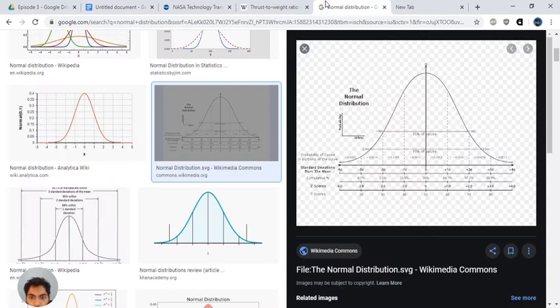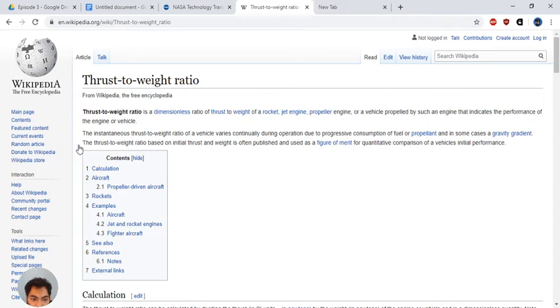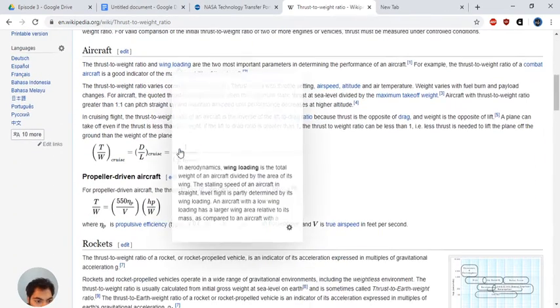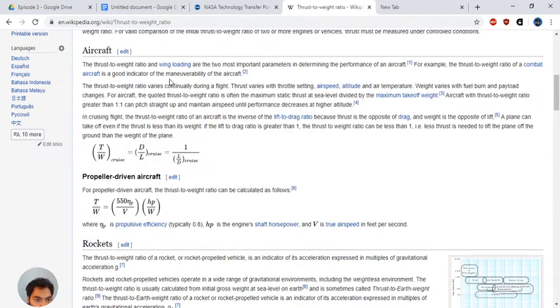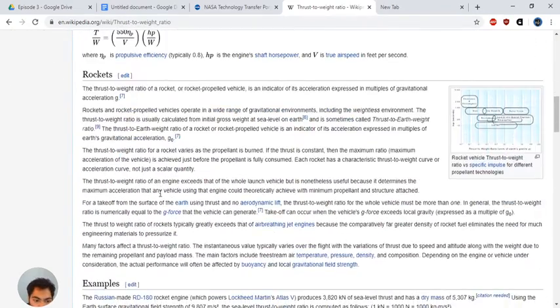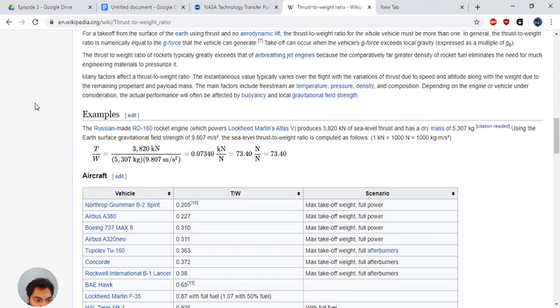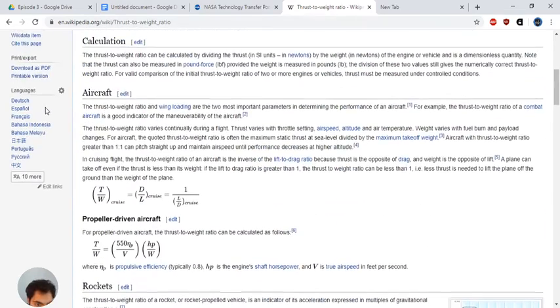Let's go back to the matter at hand. Okay, thrust to weight ratio.